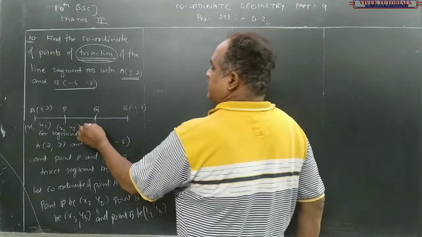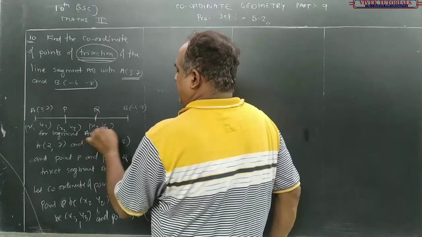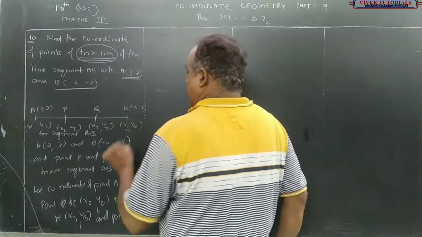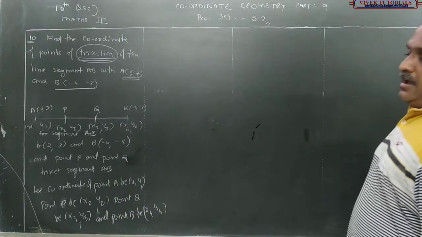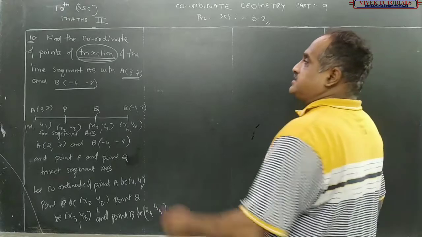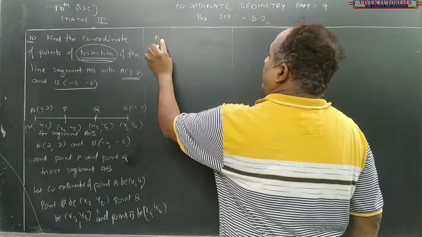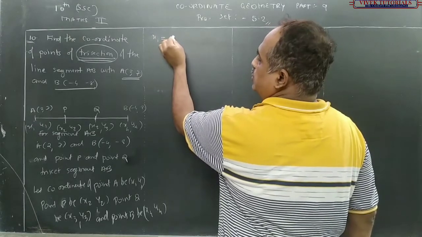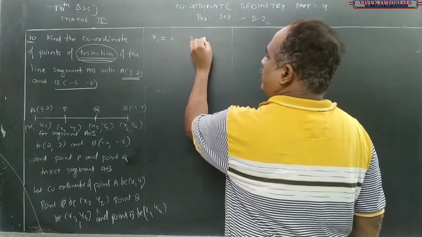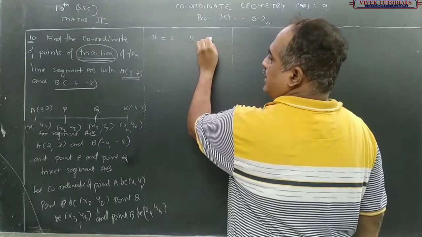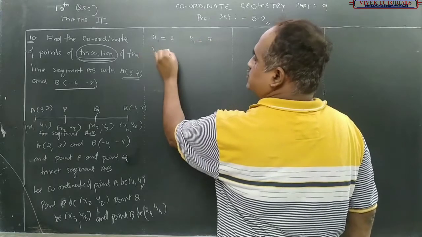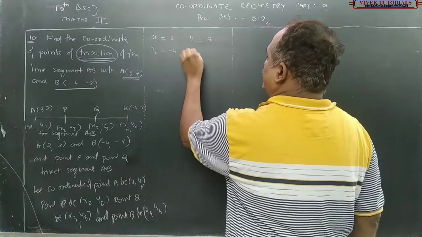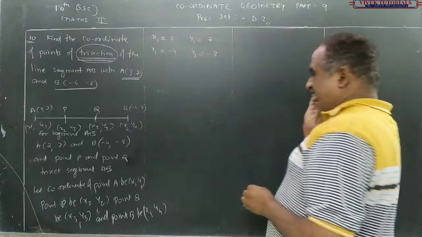This is x3, y3, and this one is x4, y4. Now, what I can say is, therefore, x1 is equal to 2 and y1 is equal to 7, x4 is equal to -4 and y4 is equal to -8.